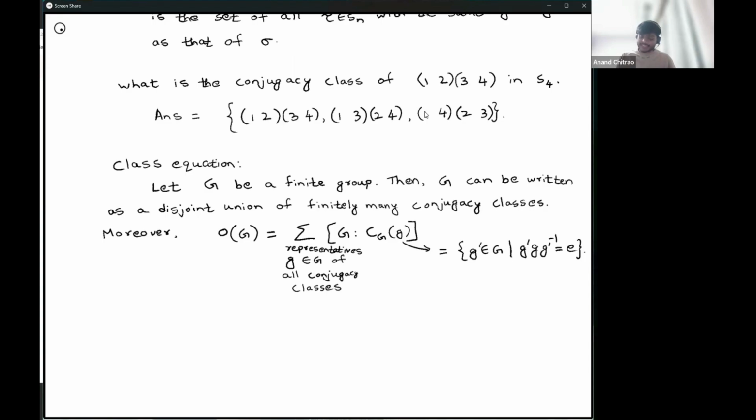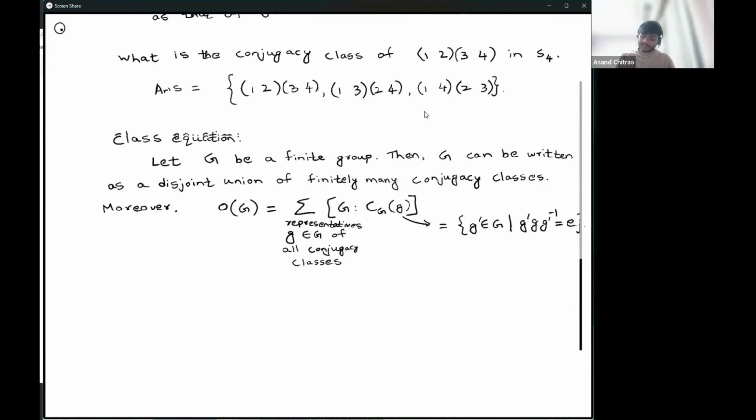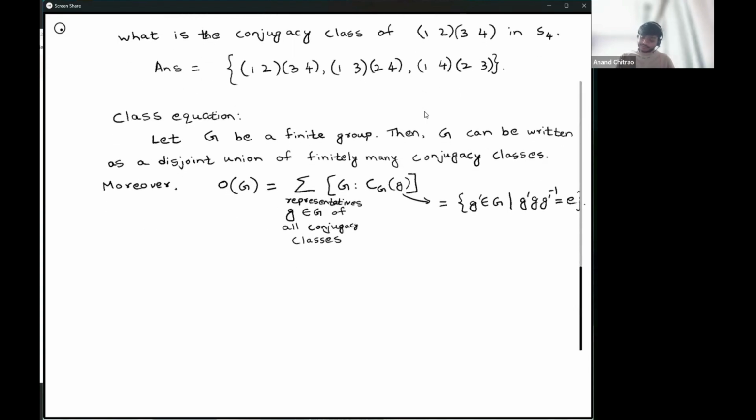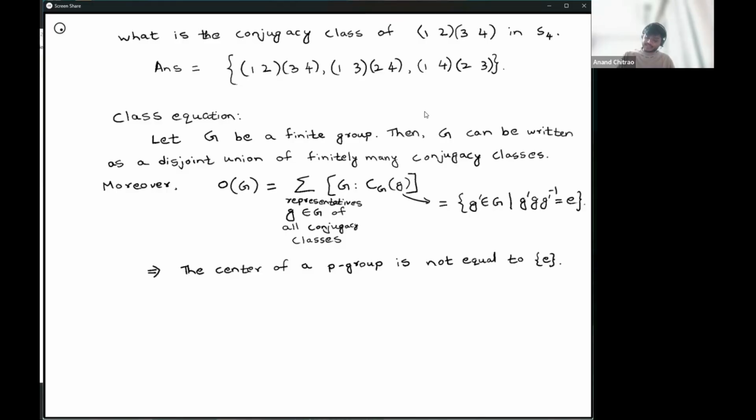Okay, so this has various implications. This implies that the center of a p-group is not equal to just the identity.